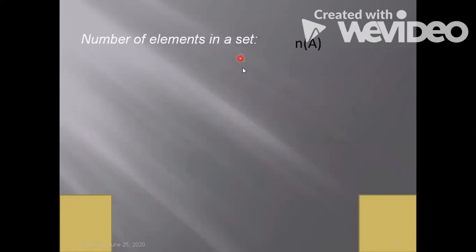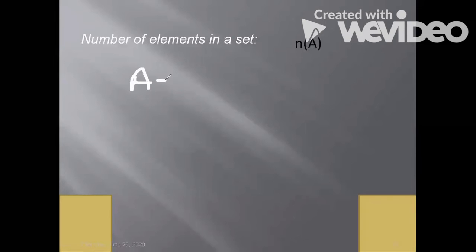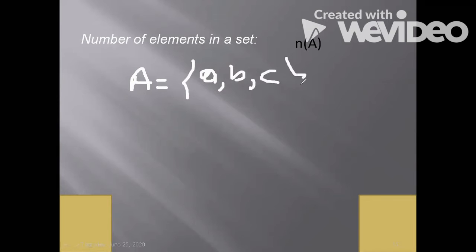This is another notation. It represents the number of elements in a set. For example, if you have set A, having A, B, and C, set A has 3 elements.